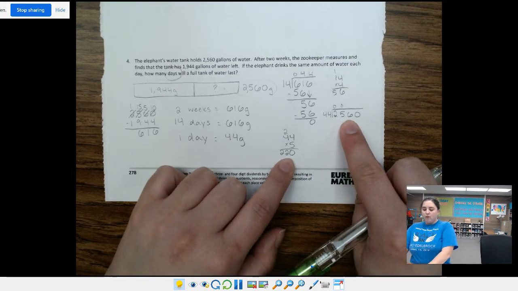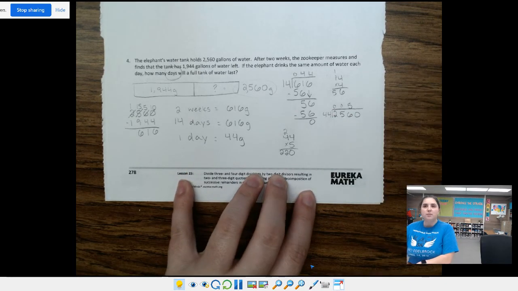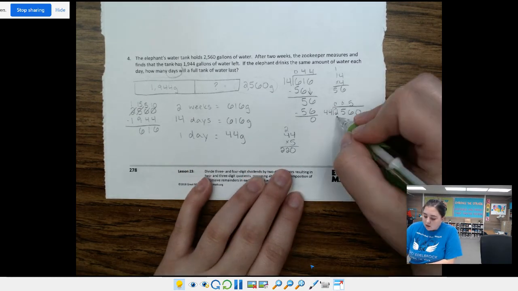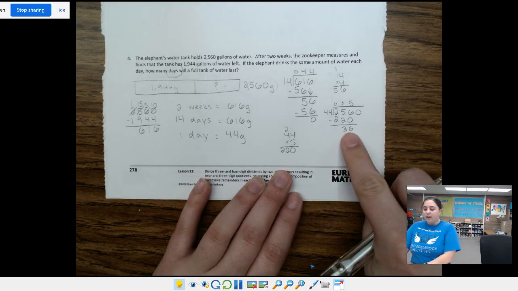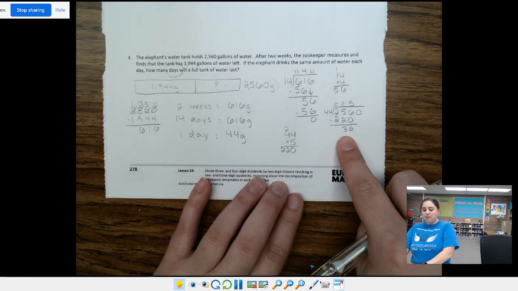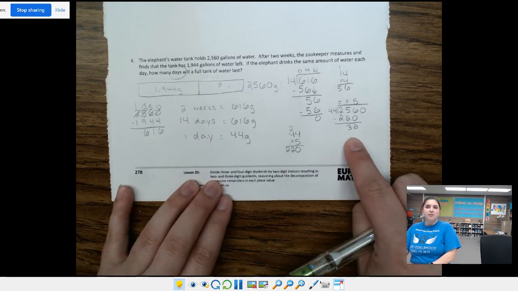Let's see, that's about 36 away. So I think we're right. 5 times is as close as we can get. 220. And I was right. When we subtract, we get 36. If our number was more than 44, it would have to go in 6 times instead, but it's less.